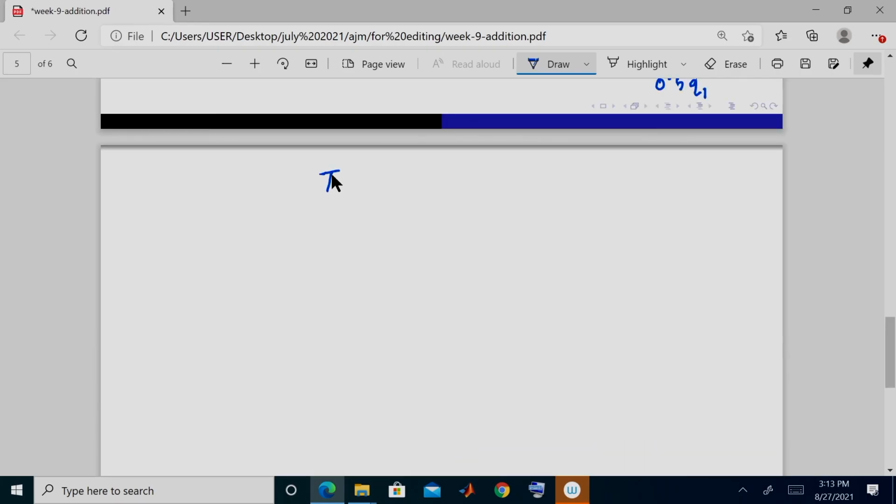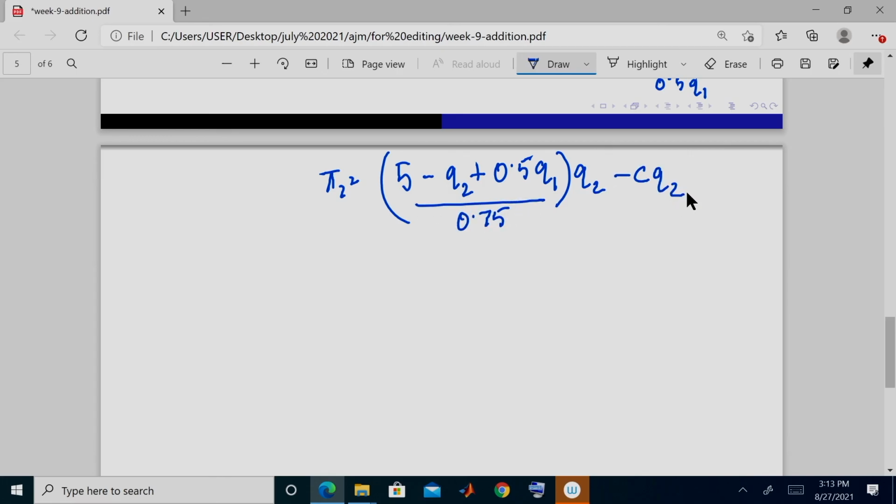So, the profit function of firm 2 is this.